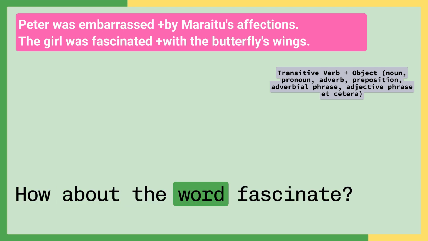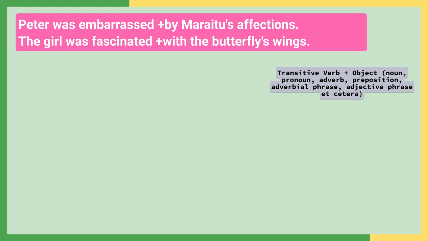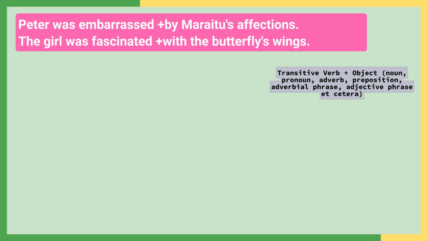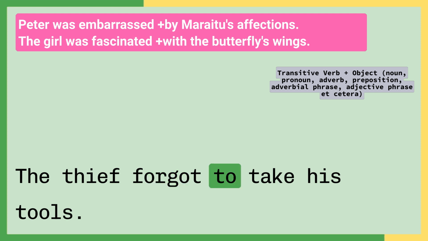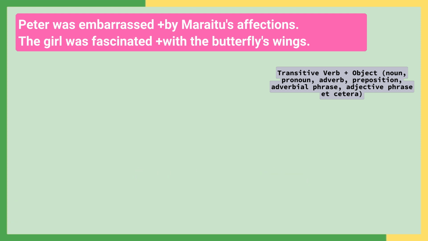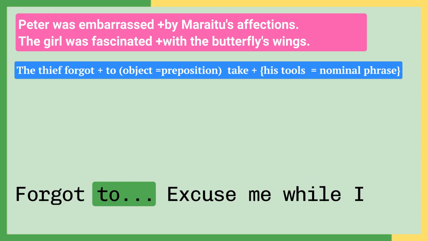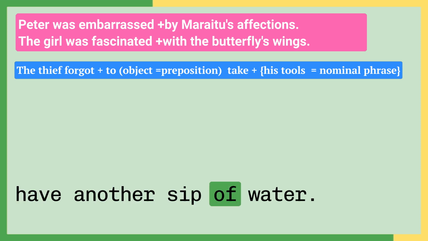How about the word fascinate? Another transitive verb is the verb forget. The thief forgot to take his tools. Forgot to. Excuse me while I have another sip of water.